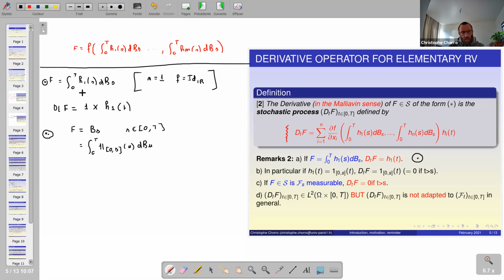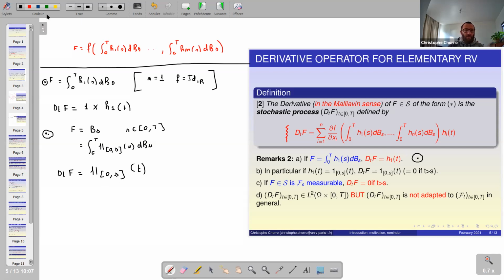And so I can apply what I have done previously, that is D_t of f is equal to what? By what I have inside, that is the indicator function of the interval 0 s at time t. Okay? So D_t of f, in the case where f is the Brownian motion at time s, is simply the indicator function of the interval 0 s.